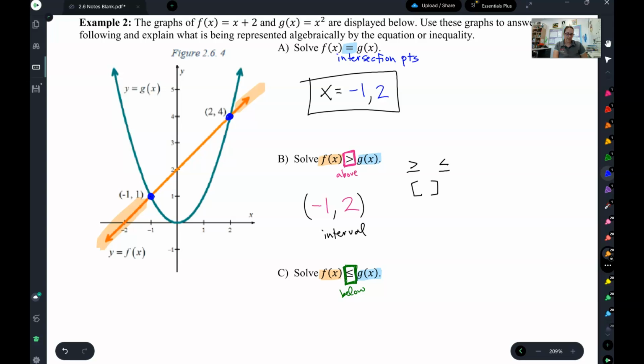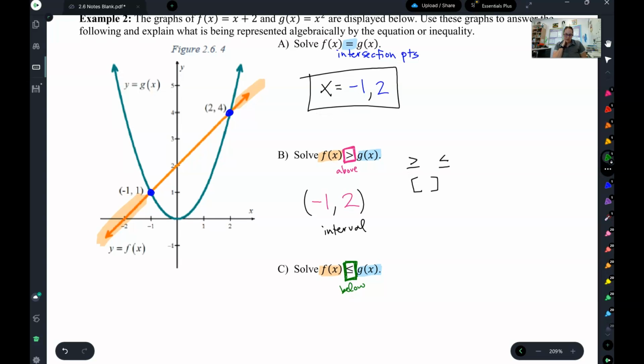So if I look at those x values where that's happening, that's all from x is -1, and then it just keeps going forever to the left. So the way we say that is from -infinity to -1. All of these x values are where the f of x line is below the g of x line.